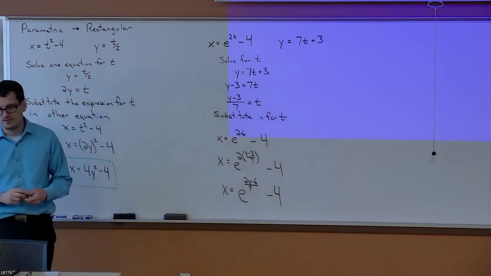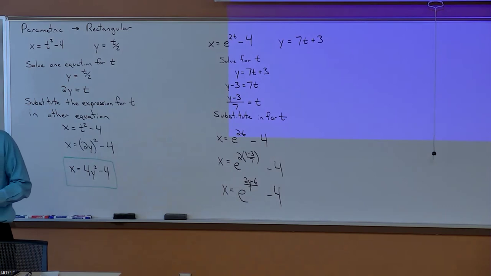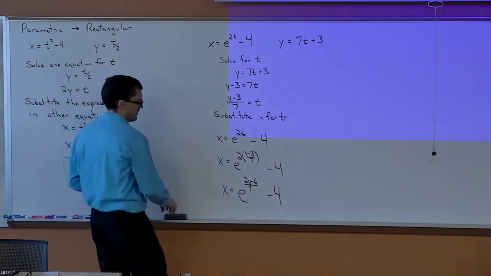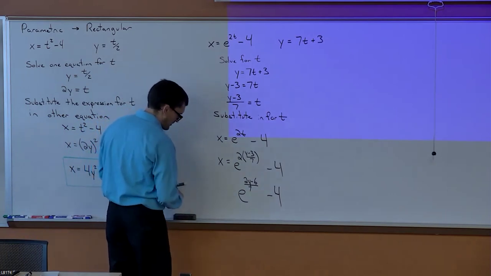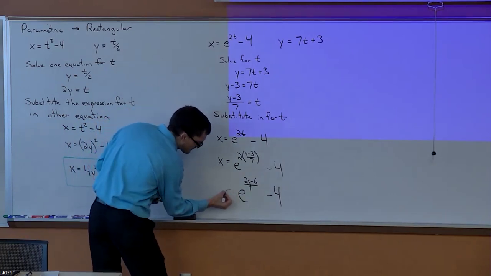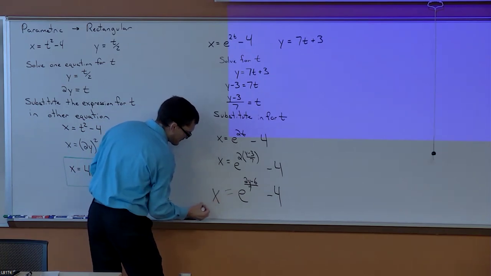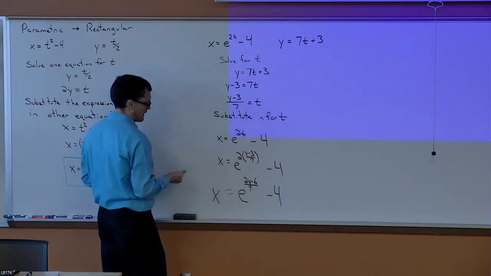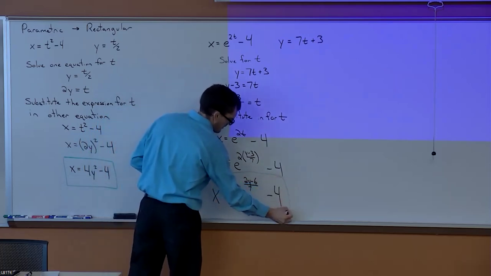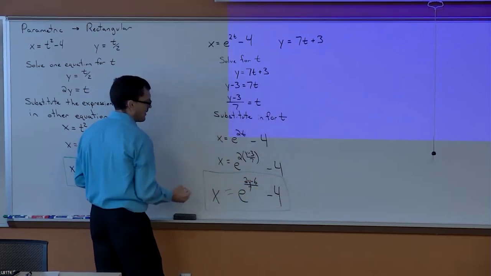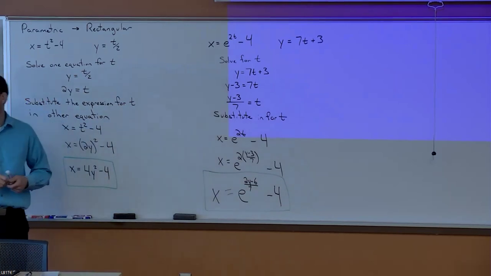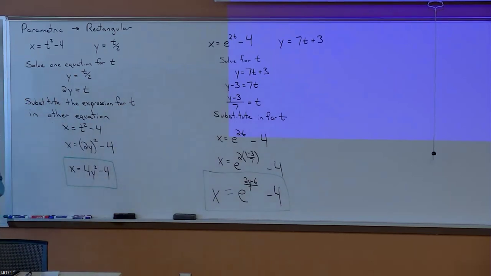If you do distribute that in, you get e to the 2y minus 6 divided by 7, minus 4, is equal to x. So that's direct substitution, right? Both of those are just direct substitution.